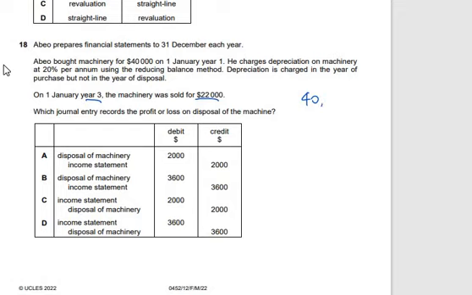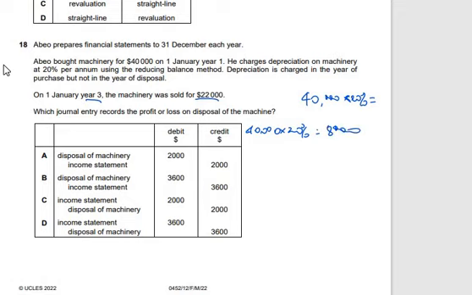So here the cost was 40,000 and the depreciation is 20%. Let me do it here nicely. 40,000 times 20%, the depreciation for year 1 is 8,000, which means the net book value is 32,000.